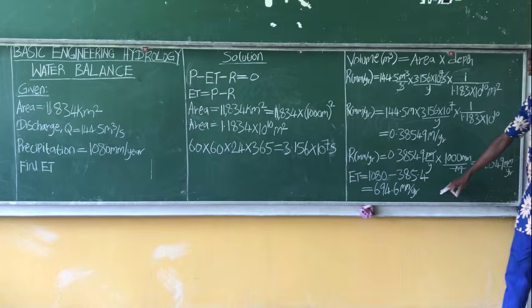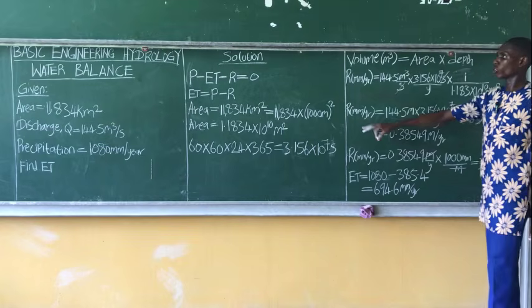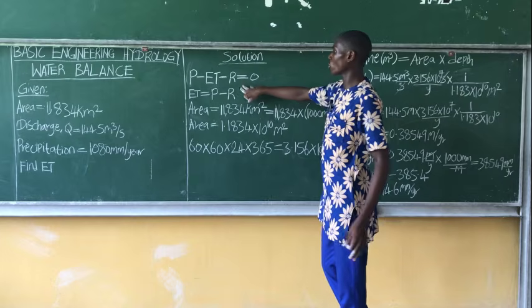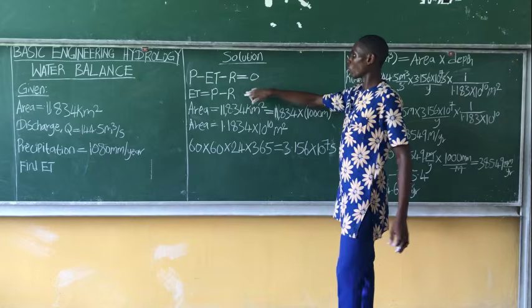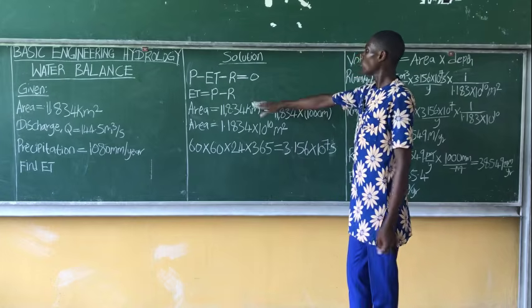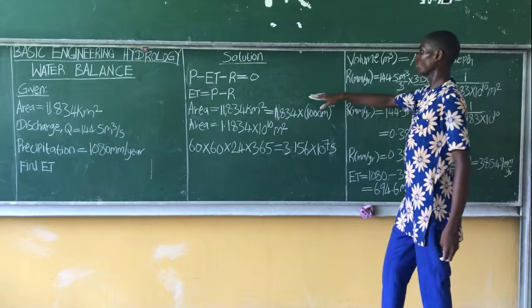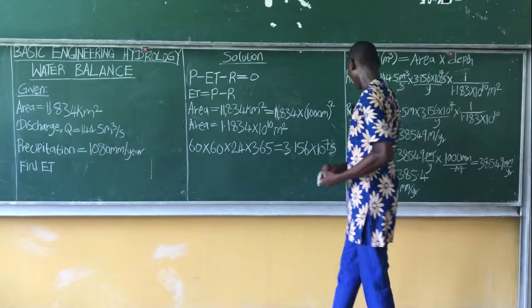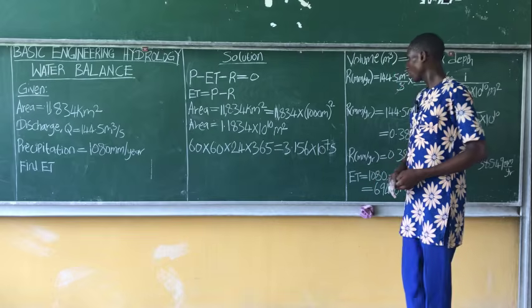Okay, so that is how to get our evapotranspiration when we are given our precipitation and our runoff. So it's basically reducing the units to the required units for our parameter that is needed to be found. Okay, that's all.